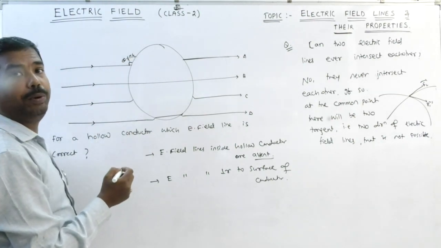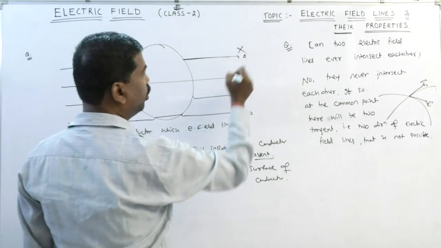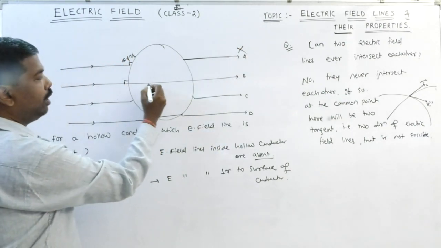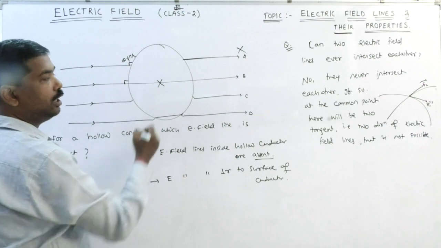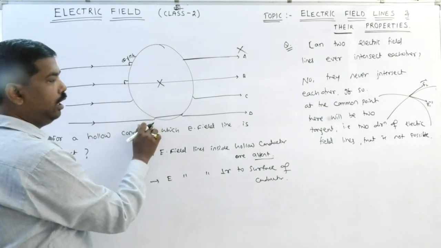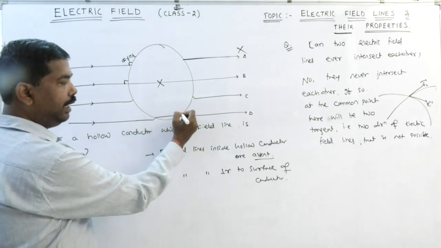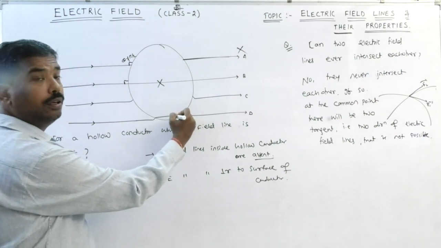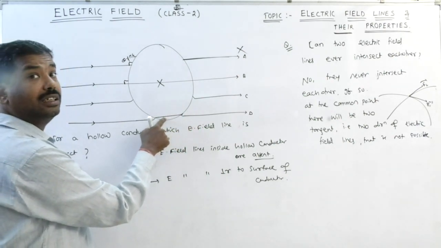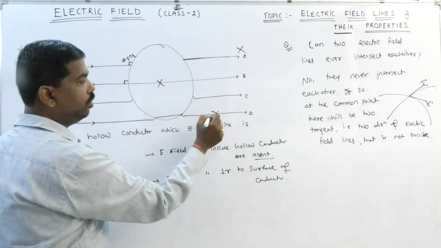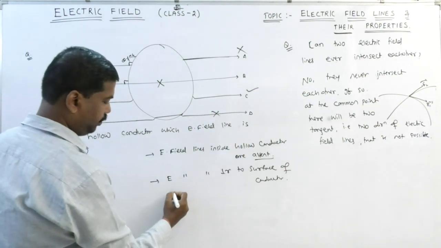Theta is not equal to pi by 2, so it is not possible. It is perpendicular but exists inside, so this is also not possible. Look at D. It may be perpendicular but exists inside the conductor, so this is also not possible. Answer is C.